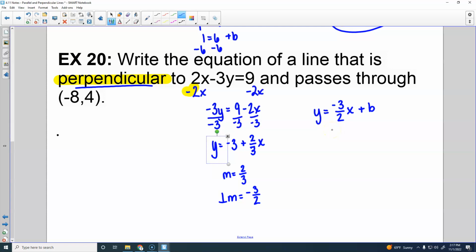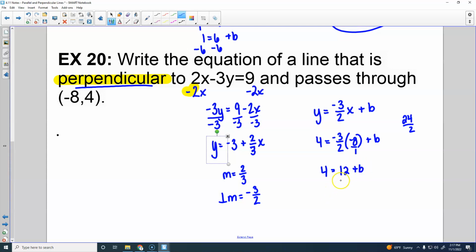So this gives us our slope. Now we need a y-intercept. Okay. Giancarlo, what are we going to have to do to find that y-intercept? Okay, so 4 equals negative 3 halves. What goes here for our x, Giancarlo? Wonderful. So here, it's like 8 over 1, so that's 24 over 2 if we multiply straight across, which is 12.